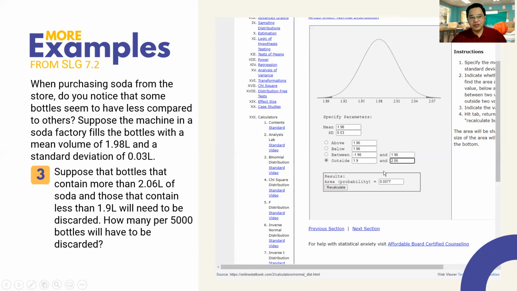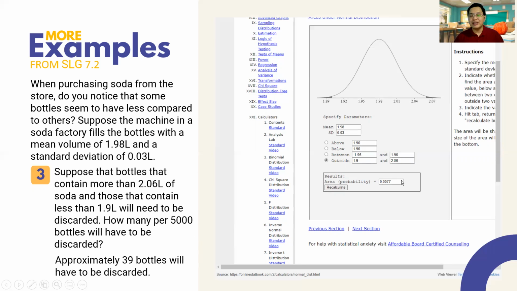So what this means is that 0.77% of the bottles produced by the factory contain either less than 1.9 liters of soda or greater than 2.06 liters. The question of how many of the 5,000 will have to be discarded is based on this value.